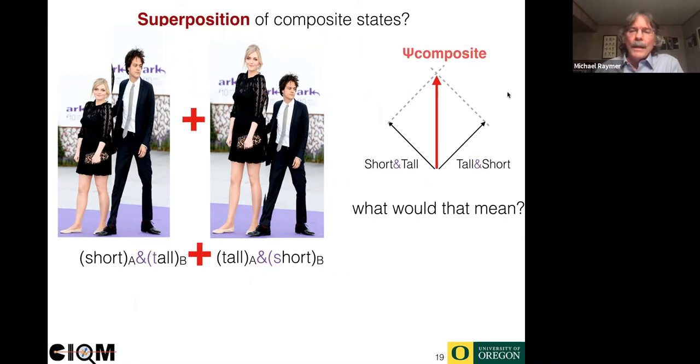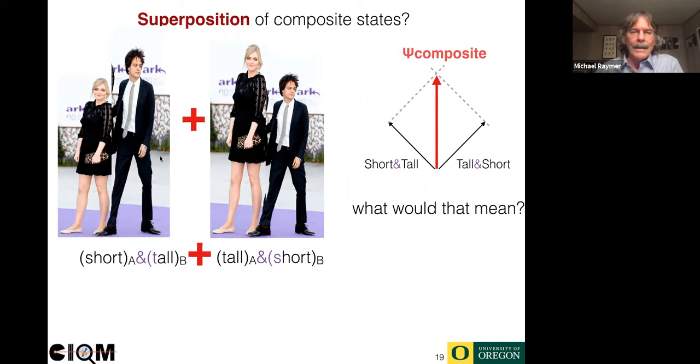So taking a slice out of our four-dimensional state space that we contemplated in the Jamboard, here's a two-dimensional slice out of that four-dimensional space. And I've indicated the tall and short state by this black arrow, the short and tall state by this black arrow, and the composite state, because there's a plus sign here, by this arrow that's halfway in between them.